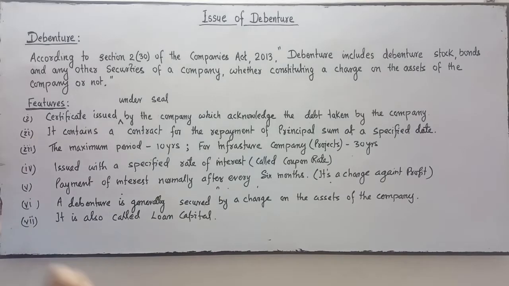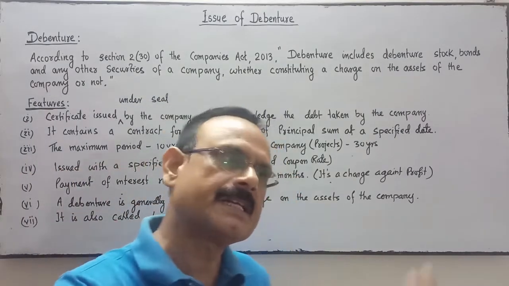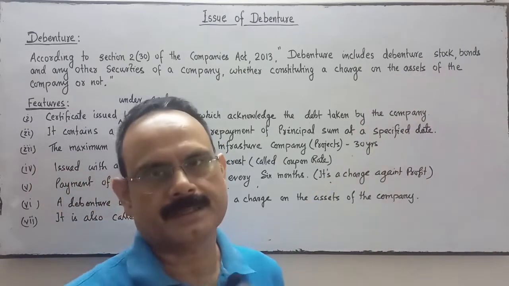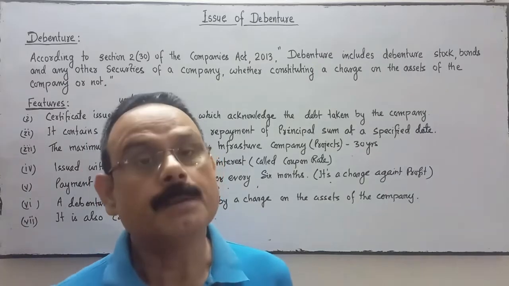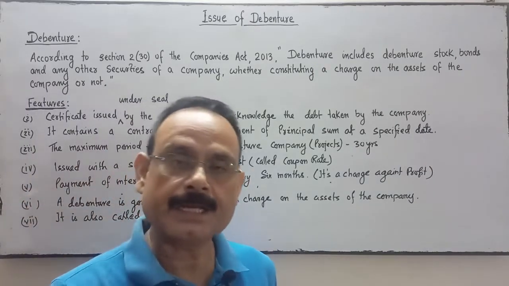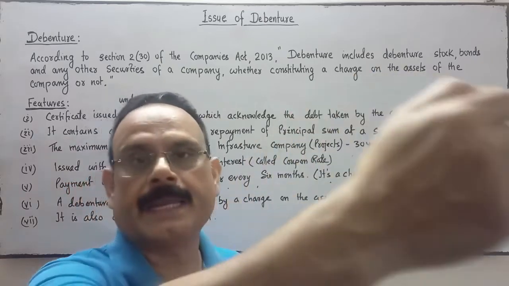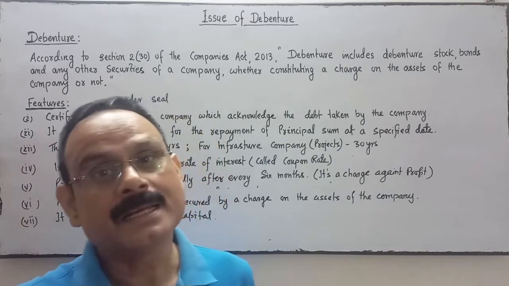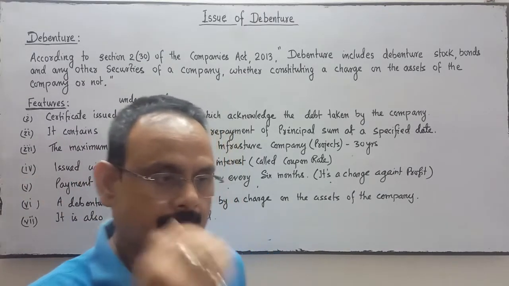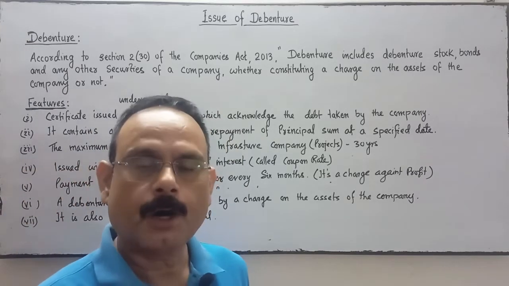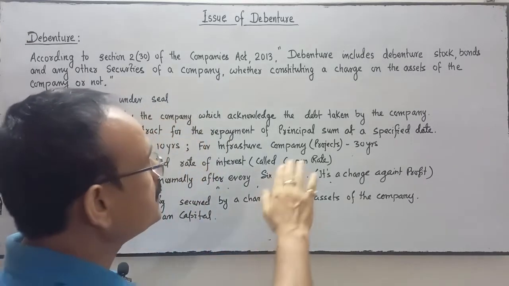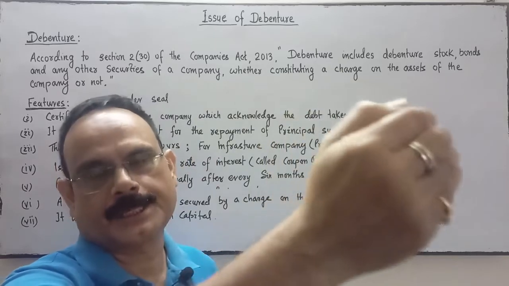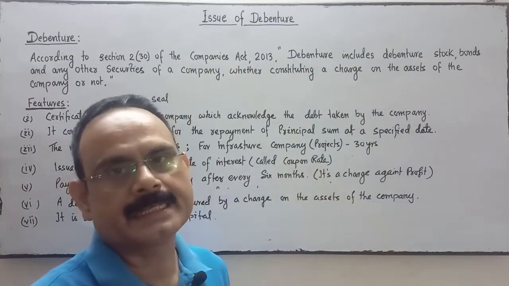Third, the maximum period for issue of debenture is 10 years. The company can issue debenture for a maximum period of 10 years, not above that. But an infrastructure company, meaning project companies, can issue debenture above 10 years, but it should not exceed 30 years.